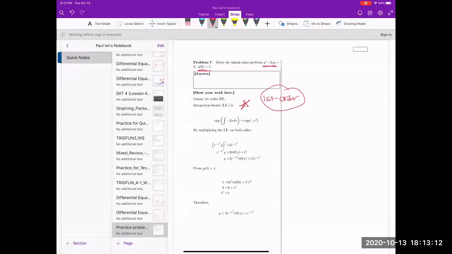I really don't feel comfortable with integration factors either. Is integration factor e to the integral of k x dx? Yes.